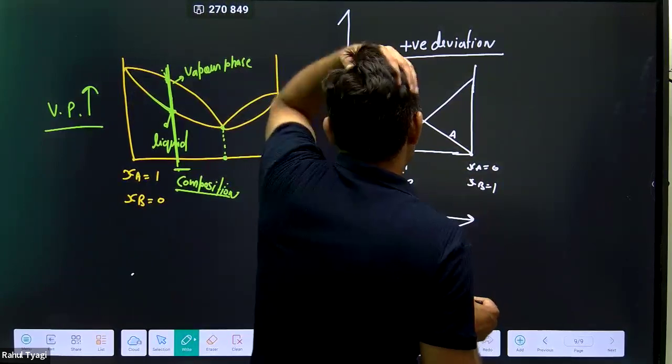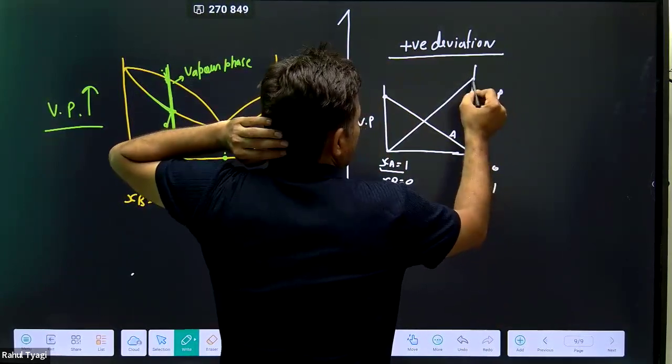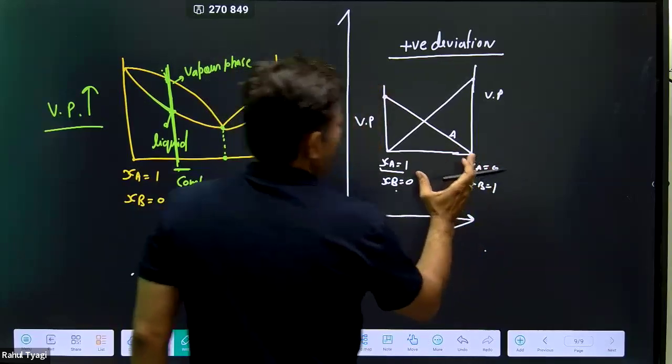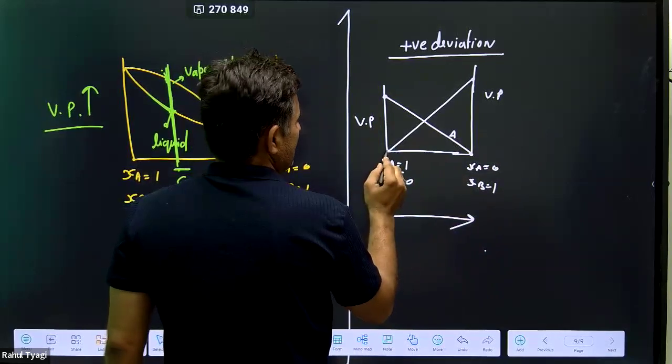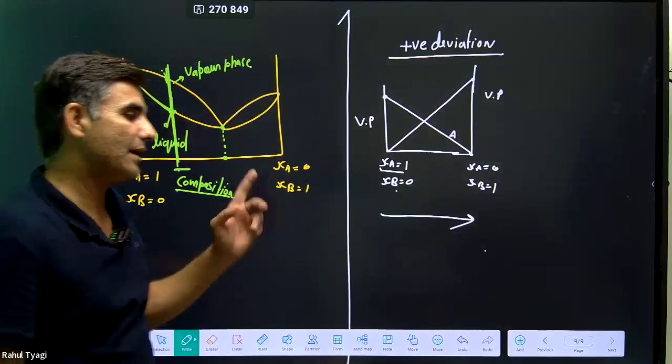Similarly here it is only the vapor pressure due to B. As I move this direction, the quantity of B is reducing, and here B is equal to 0, so vapor pressure of B becomes 0.